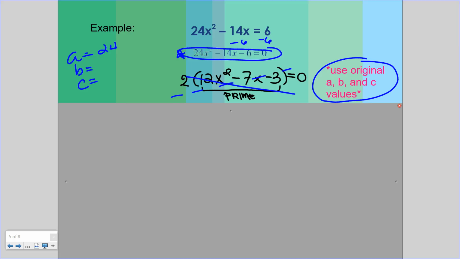So 24, negative 14, and negative 6. So again, do look if the GCF coming out will help you factor. Look if what's left will factor. If what's left will not go further to break apart the x squared, then it's really not useful to us. We will need the quadratic formula, and we'll use the original A, B, and C.